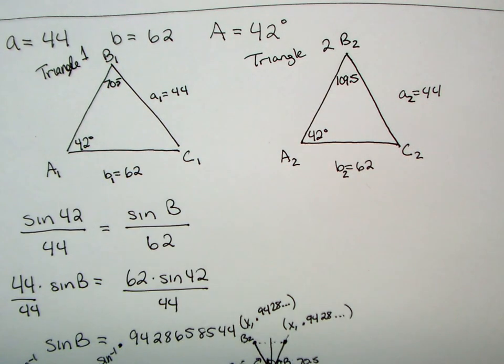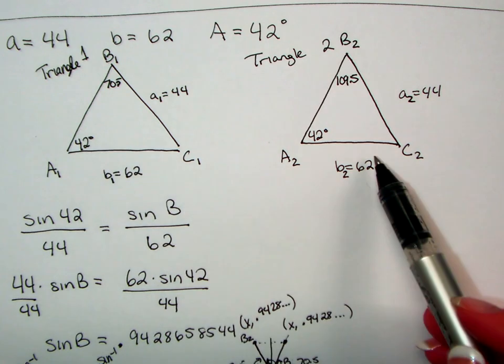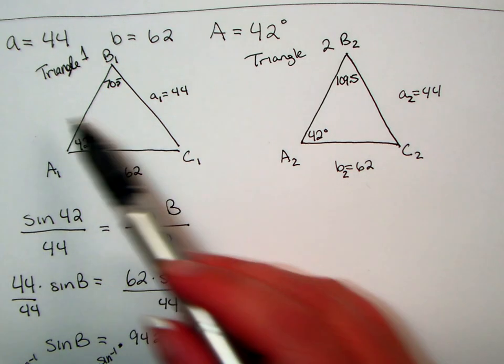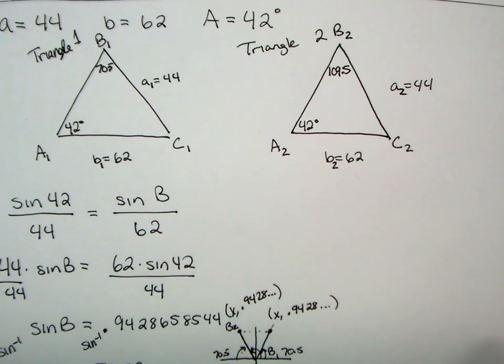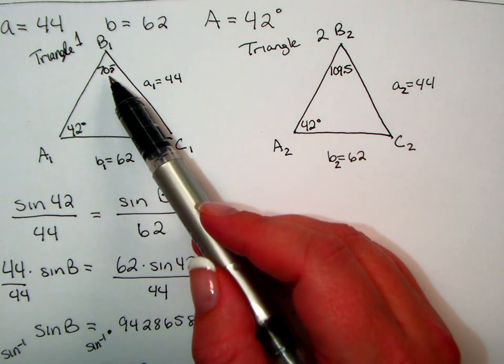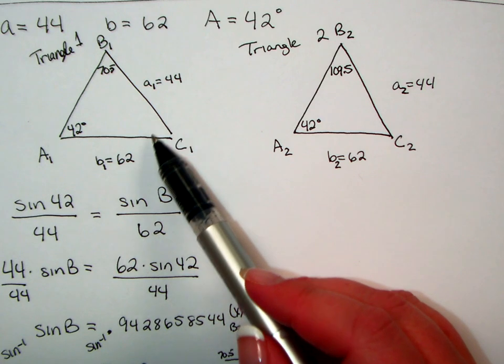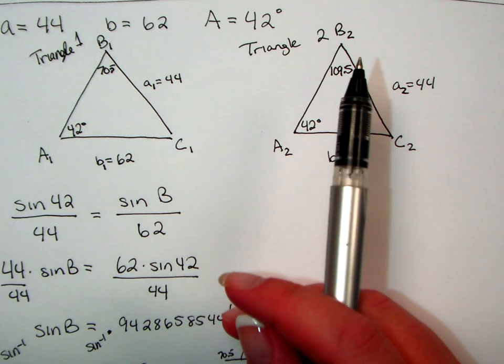All right, so in each of these triangles, we have 2 more pieces of information to solve for. We have to solve for angle C sub 1 and C sub 2, and then little c sub 1 and little c sub 2. So we have to solve both of these triangles. So 42 and 70.5, let's figure out what that leaves for C sub 1.